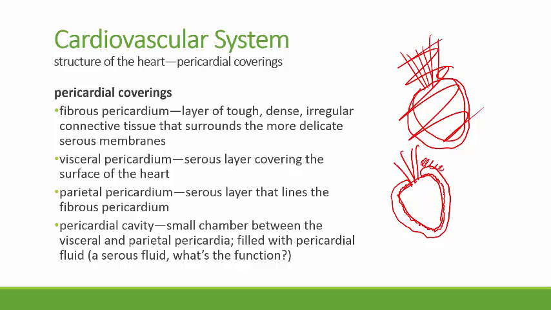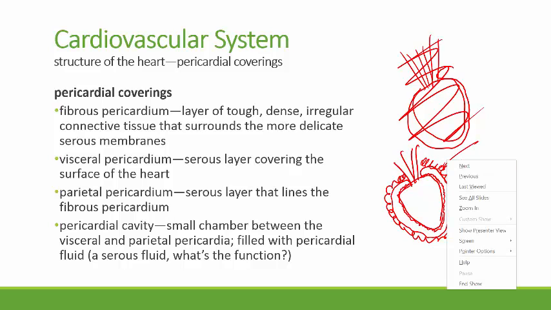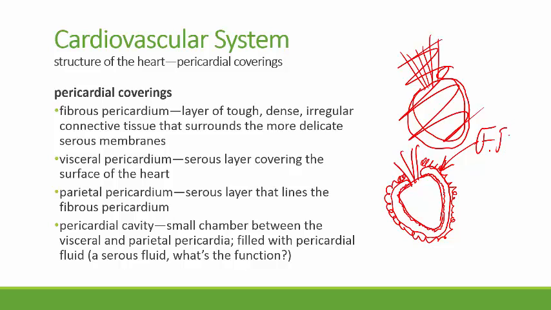And then out here on the outside we have a really fibrous, tough, strong additional layer. This outer layer is the fibrous pericardium, and it is a layer of dense, irregular connective tissue, very tough.